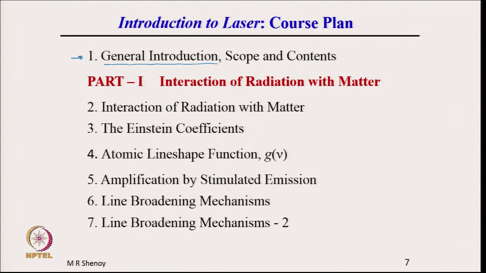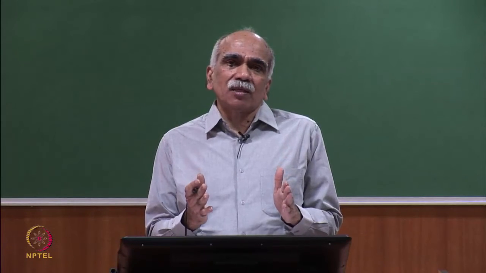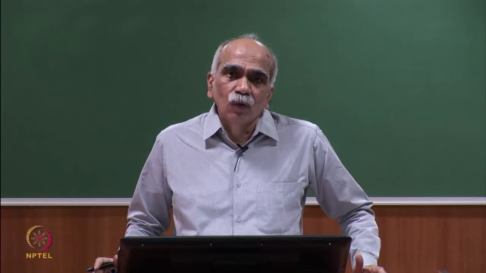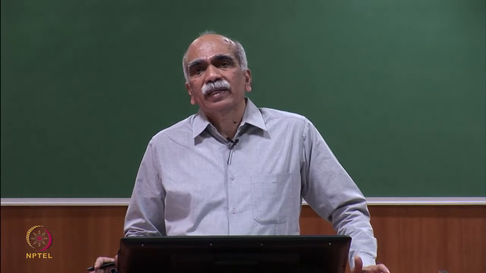The components, as we know, include an active medium. When pumped appropriately, it gives rise to amplification, and an amplification with a suitable feedback mechanism leads to an oscillator or the laser, which is the source of electromagnetic radiation.